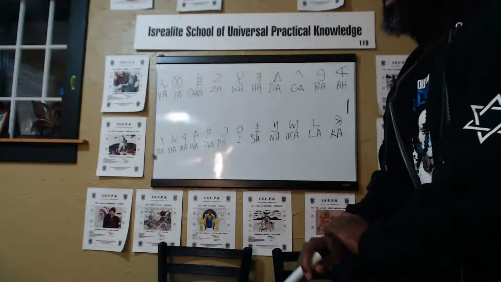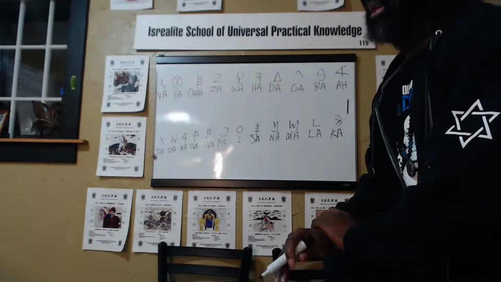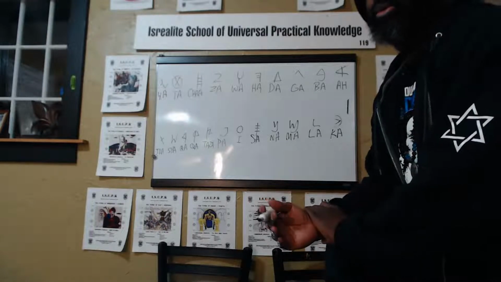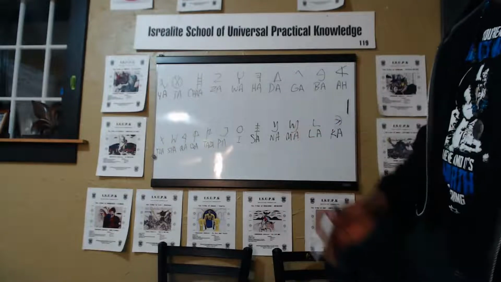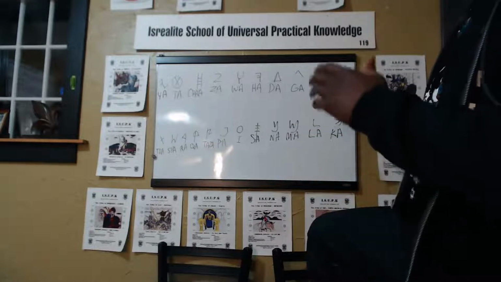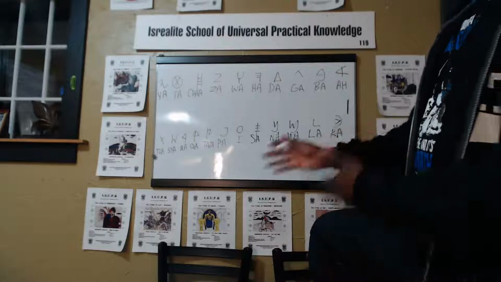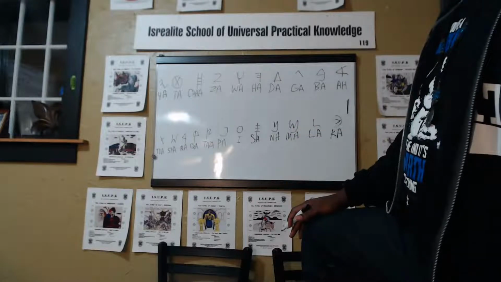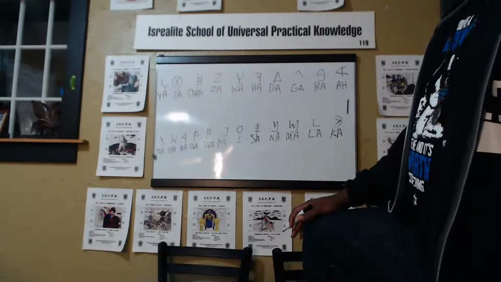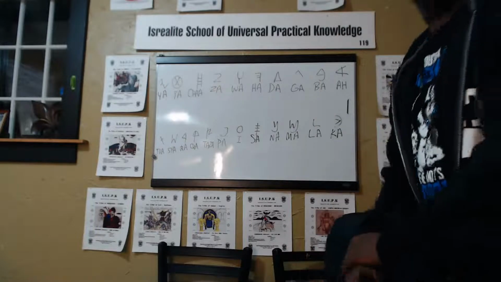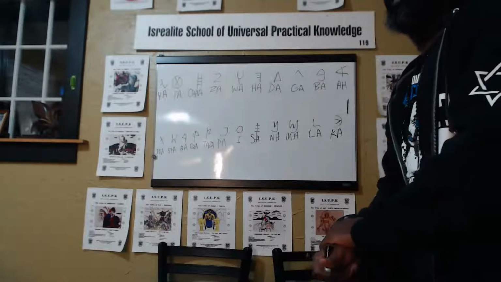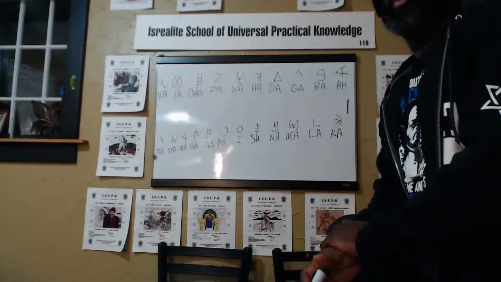Even though we have the letters representing the sounds, the letters are different. We bastardize our language. Like a lot of these nations, they go through changes over time. For instance, months. Those names have changed, right? We're going to do that one time in class.